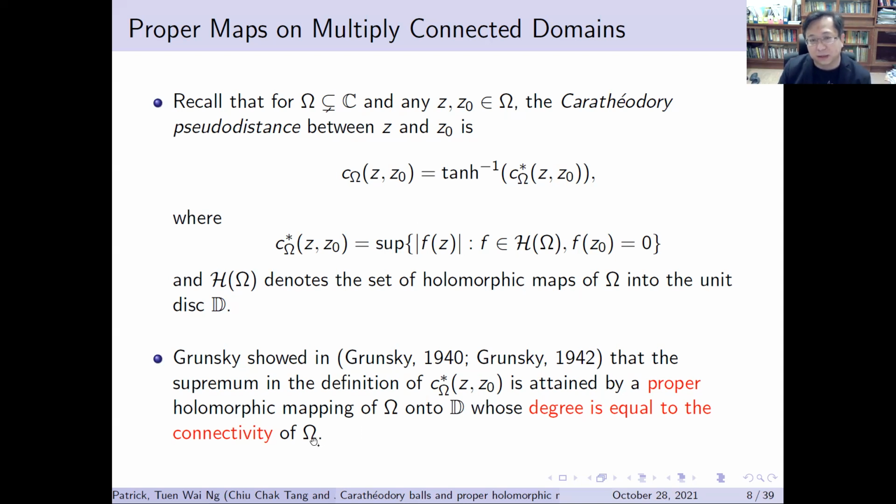So this is the connection between the metric and proper maps. For this reason, we are going to focus on proper maps on a multi-connected domain omega onto the unit disk.